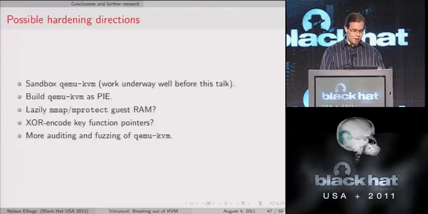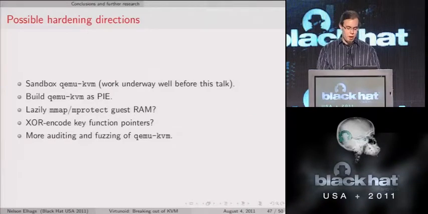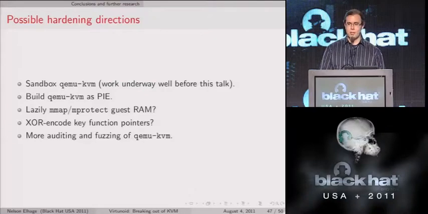Some thoughts that this has suggested to me about what we should be doing to make the situation a little better. QEMU KVM absolutely should be sandboxed. If you're deploying KVM in some environment, use a solution that sandboxes the QEMU KVM process as tightly as you can. There's lots of work well underway on this before this talk.